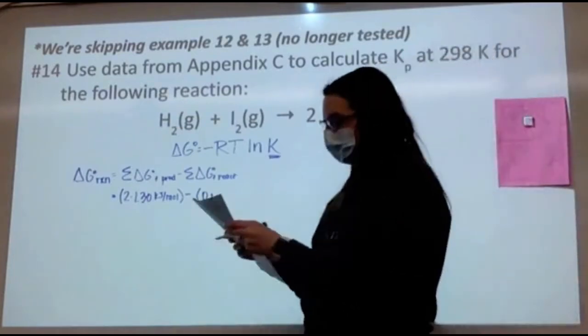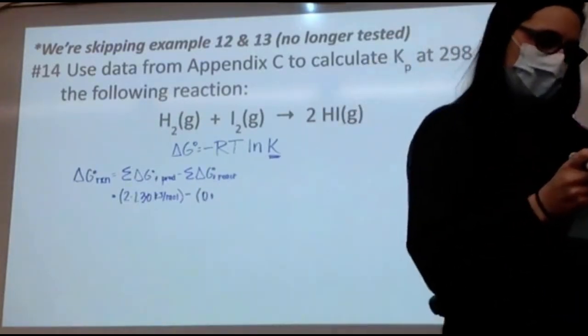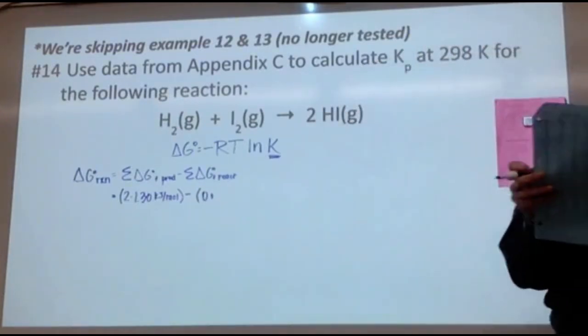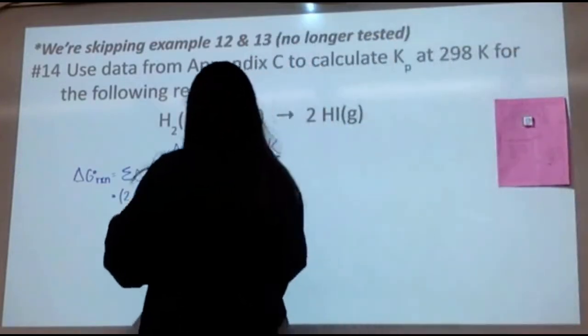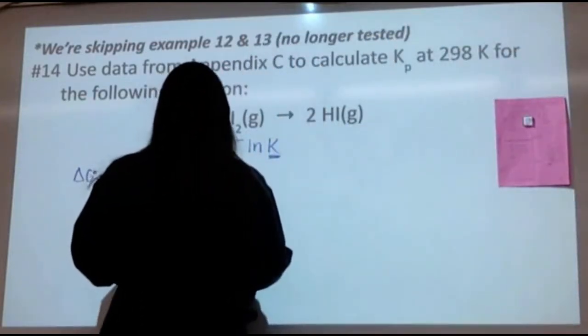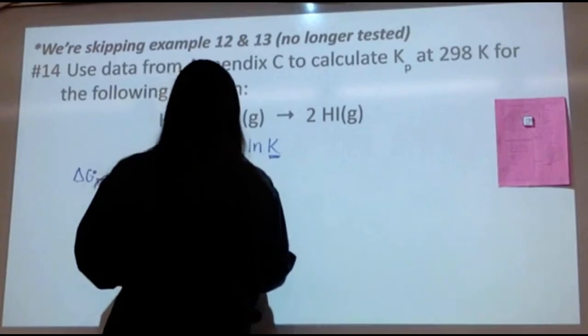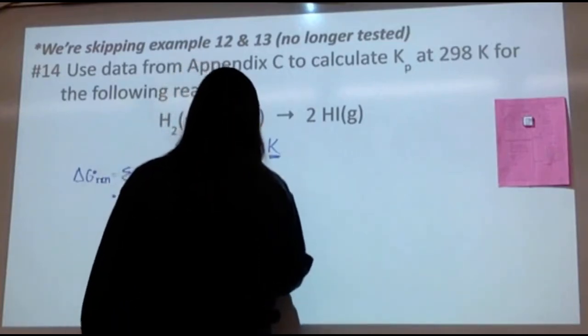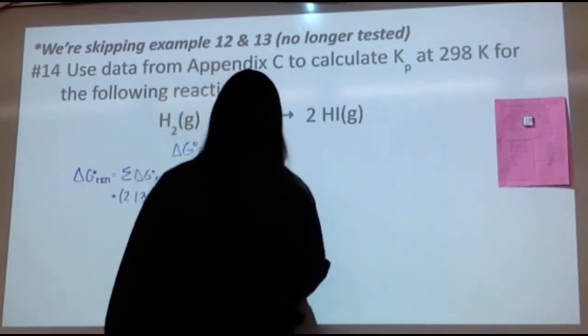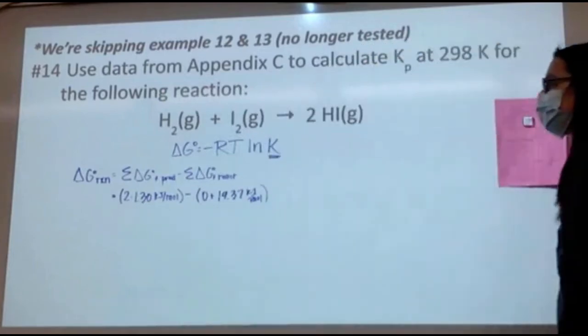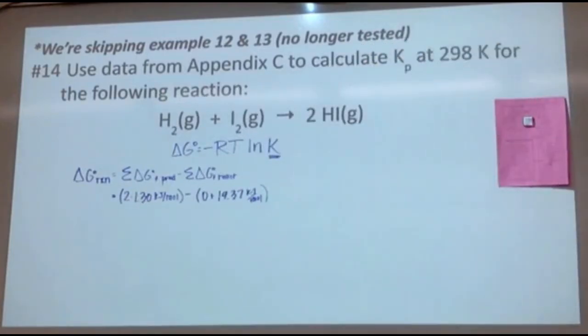So if you actually look at Appendix C, you notice that iodine gas has a free energy of formation of 19.37. So be careful with your equations.